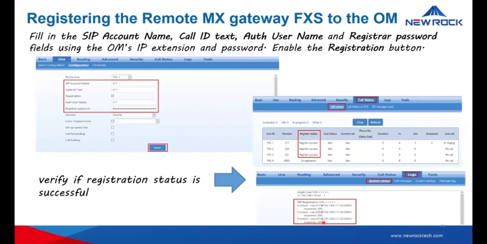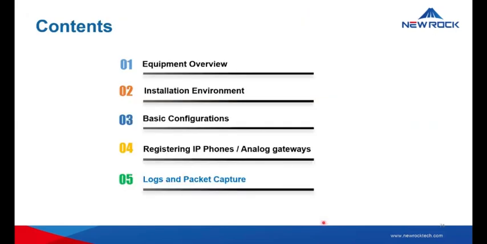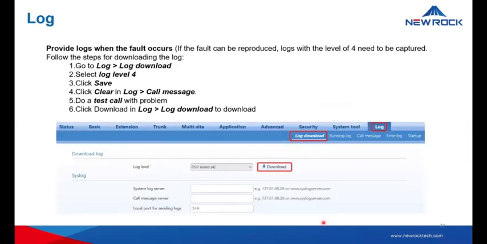Okay, so let's move forward to the last part, regarding the logs and packet capture. Here, Neurac provides assistance in fault analysis. I know that the site engineer may be unable to troubleshoot the issue, so first, we want you to provide feedback to our team, then provide the logs. How to provide the logs?